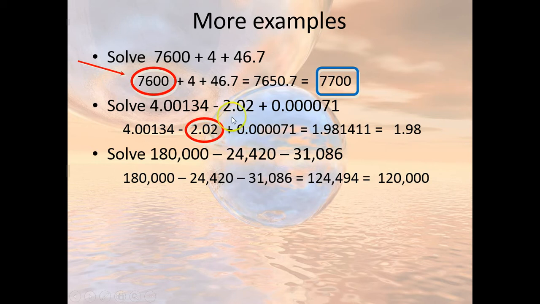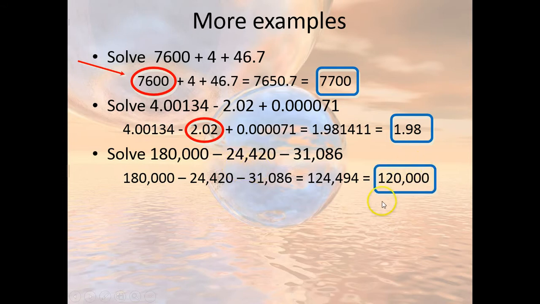Well, let's see. That's good to the hundredths place, whereas this one's good to the 100,000ths place, and this one's good to the millionths place. Well, hundredths place sounds less precise than those others, so the answer here needs to be rounded to the hundredths place. So 1.98. And finally, in our last example, 180,000 minus 24,420 minus 31,086.